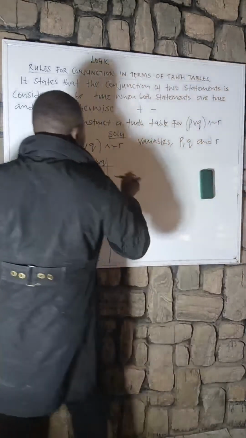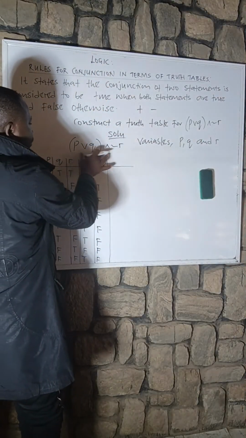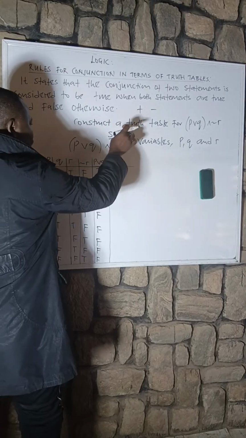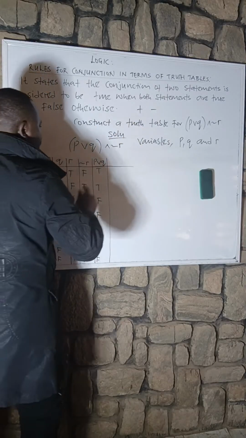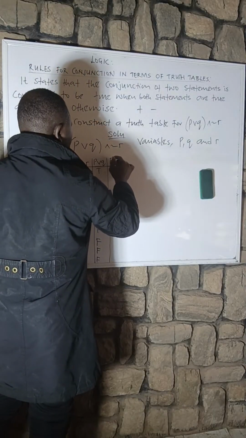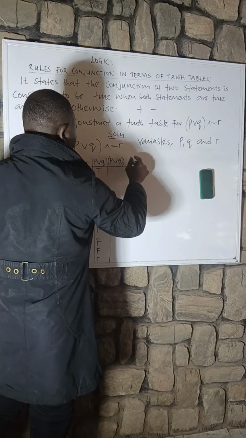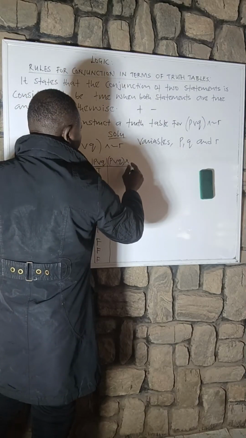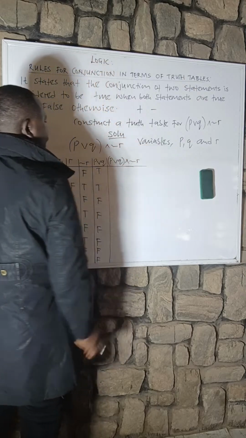The statement is this or that, this or this. That is what it means. So P conjunction Q, disjunction, negation R.